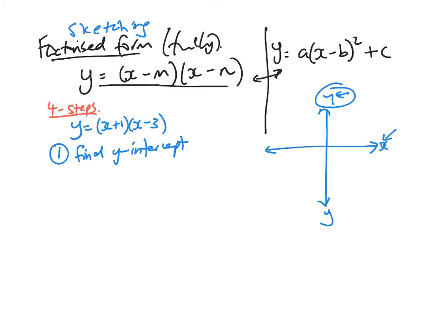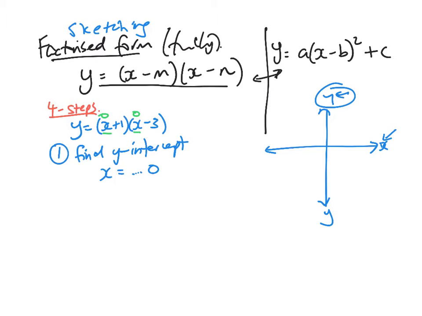So it's the point where x is equal to 0. Okay, so let's make x equals 0. We simply take these two x's and change them to 0. So we're substituting in x equals 0.